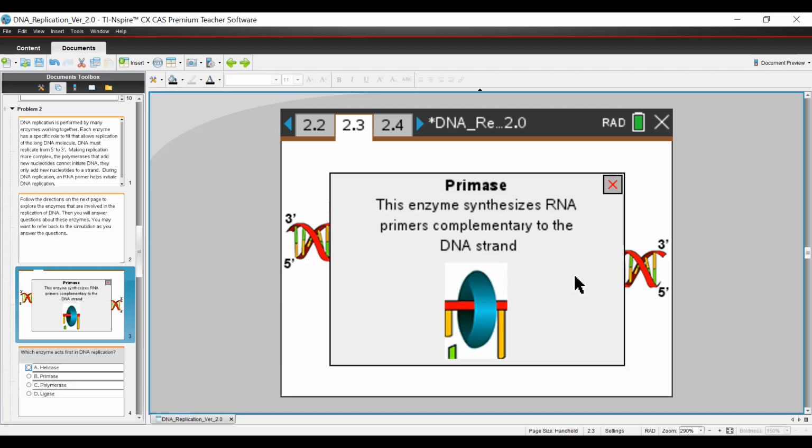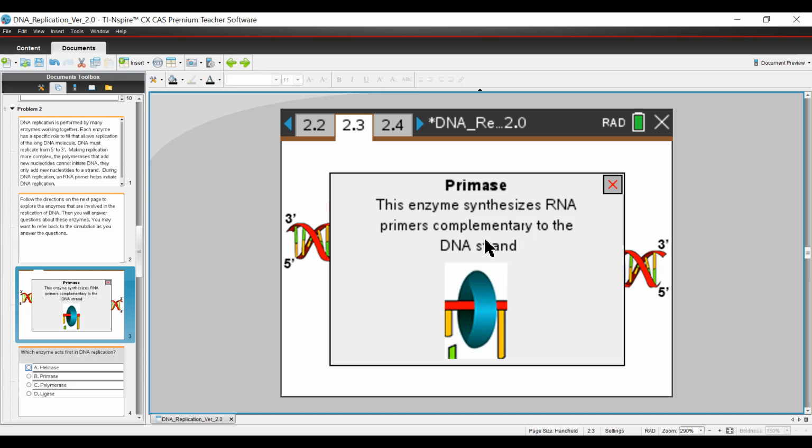Yeah, primase is kind of what starts the copying process. Primase adds a RNA primer to the complementary DNA strand. So it's the starting point. So RNA primer is added to the DNA strand, and then DNA polymerase 3 will pick up from there.